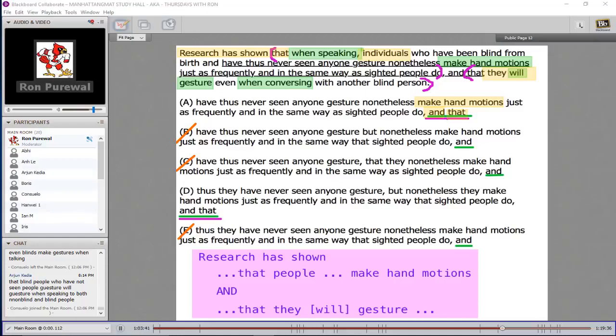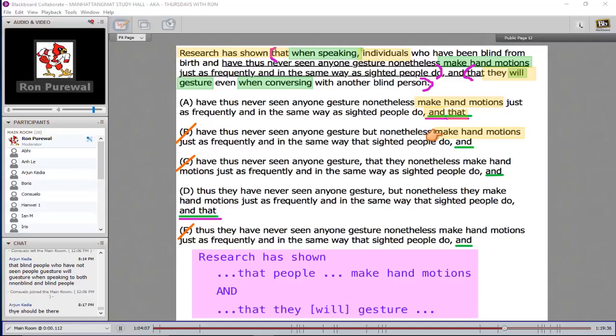Choice B says researchers have shown that individuals, is this individuals make hand motion? Is this constructed correctly? It's actually the opposite kind of issue. There's something there that shouldn't be there that makes it wrong.